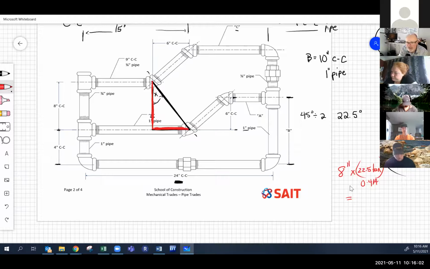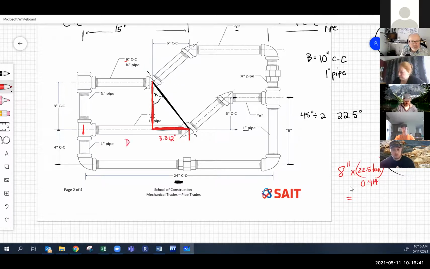So 8 times 0.414 is equal to, anybody? 3.312. Thank you. Inches. So this line right here is equal to 3.312 inches. So now I can get the measurement D by adding 9 inches to that, right? You see where the 9 inches come in?